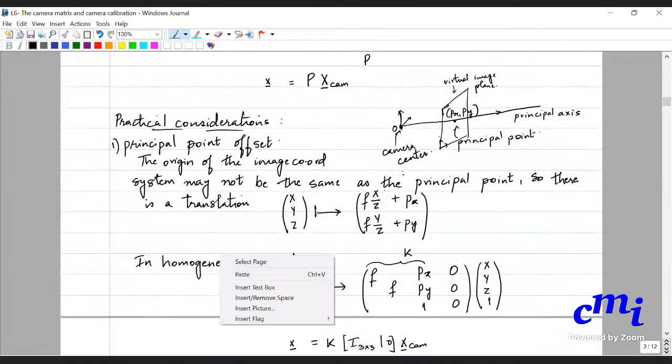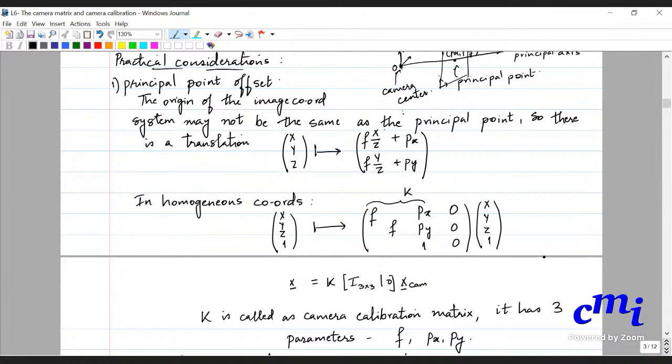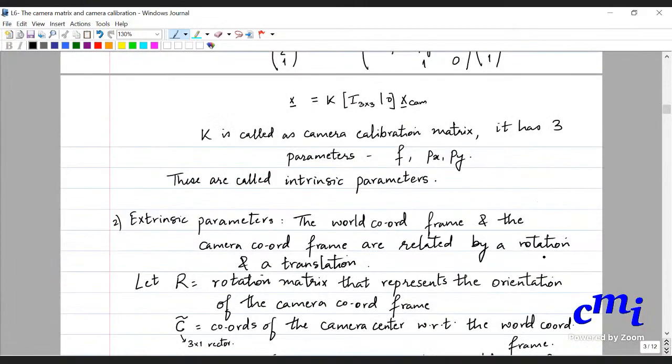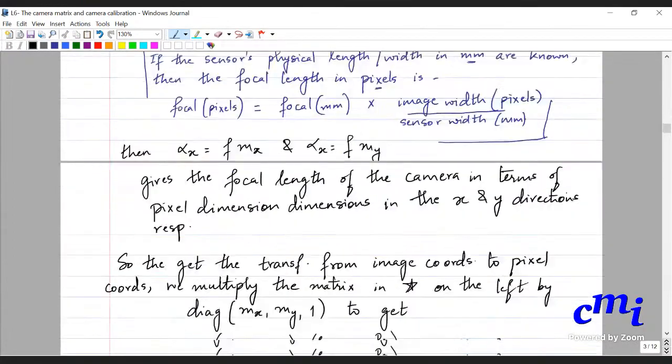I'm sorry I couldn't do this live, but this is extremely important. Your whole understanding of camera calibration is based on the understanding of what the intrinsic parameters and extrinsic parameters are, and how finally we get this camera matrix.